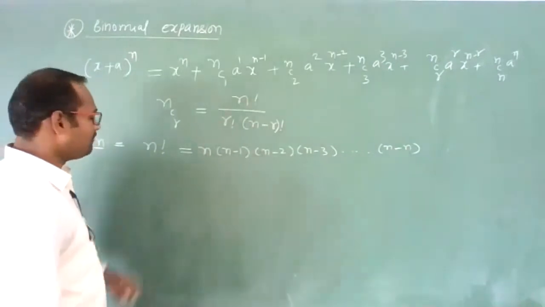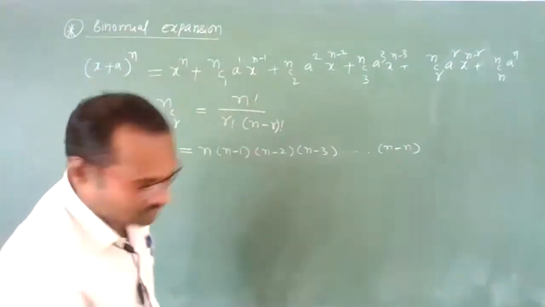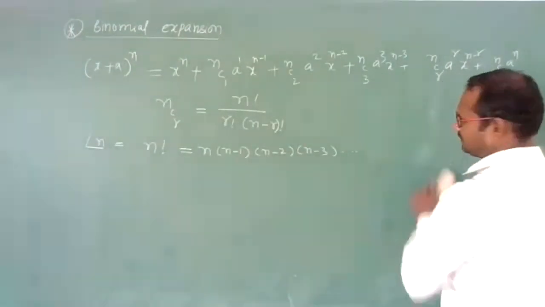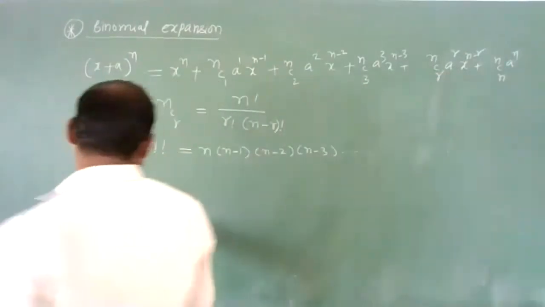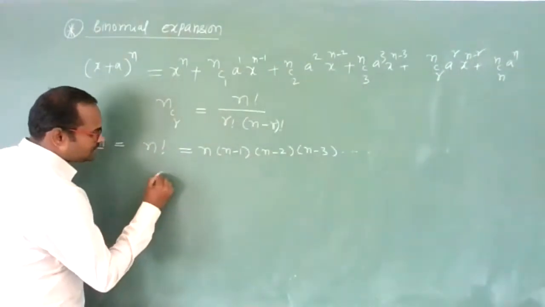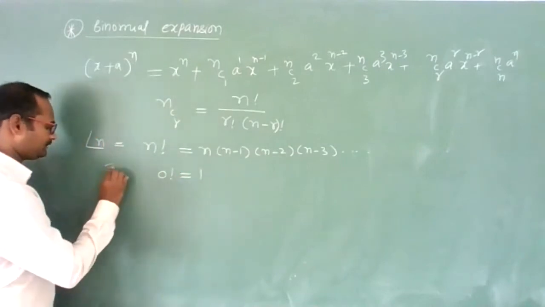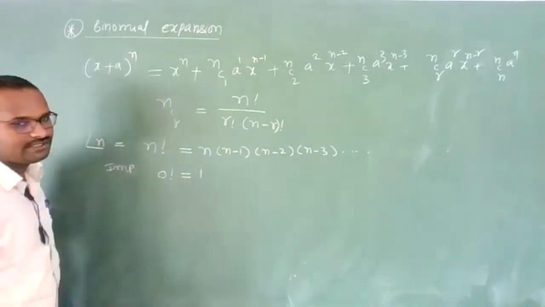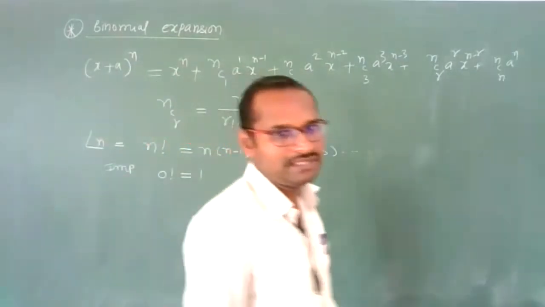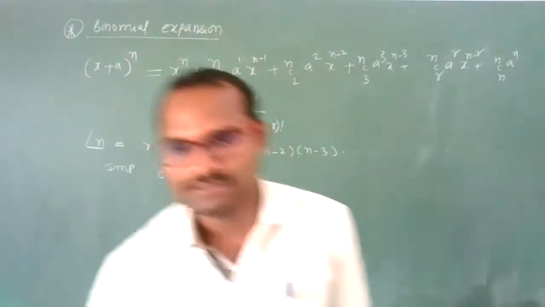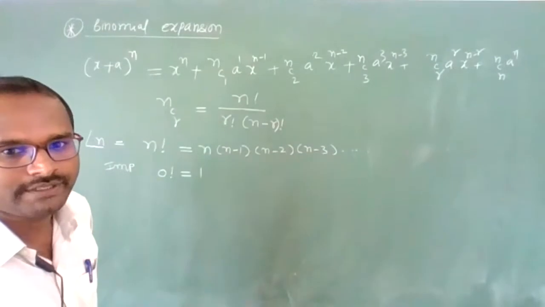See, one point here you need to remember: 0 factorial is always 1. 0 factorial is not 0. You need to remember this point.